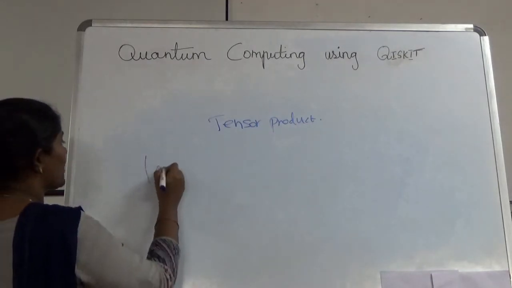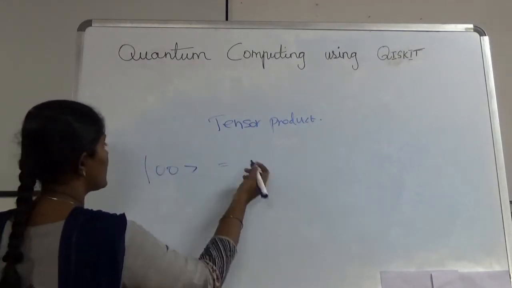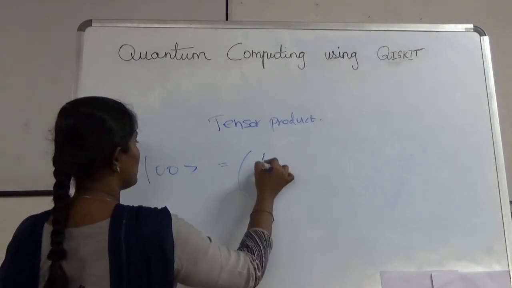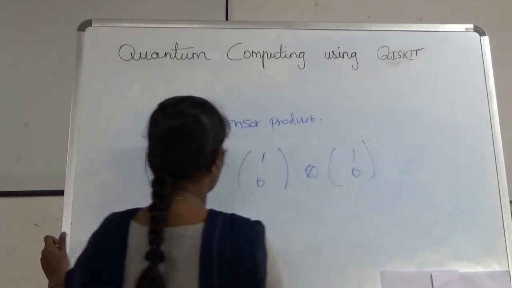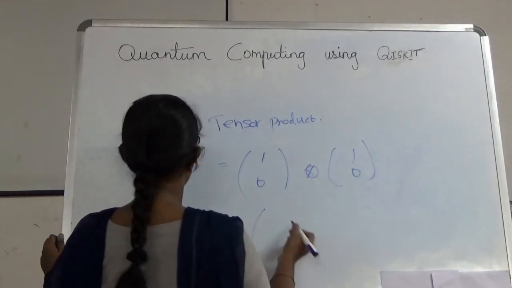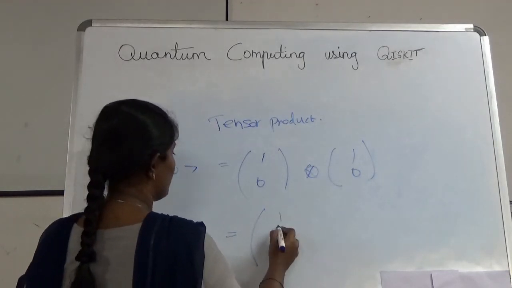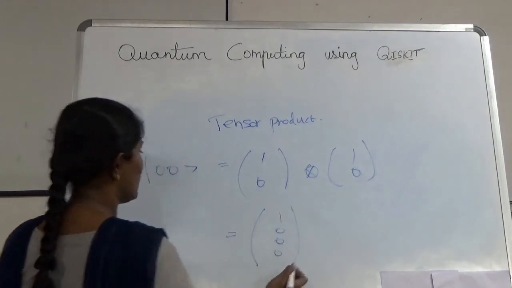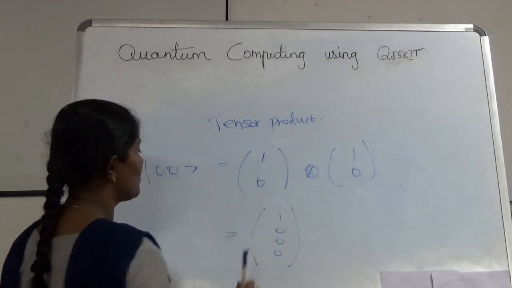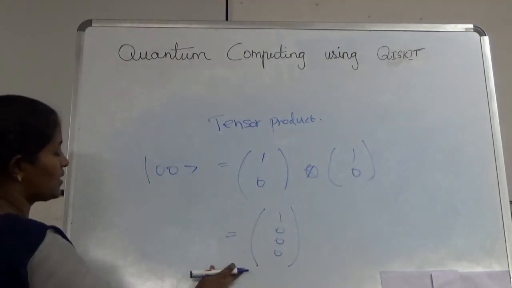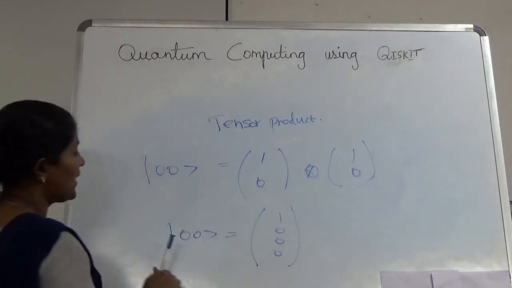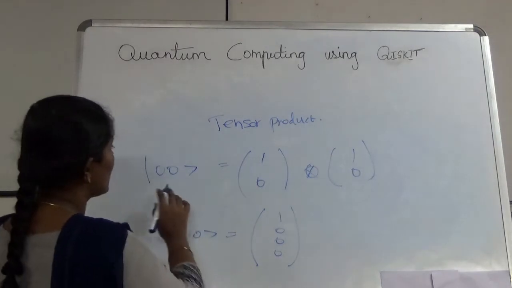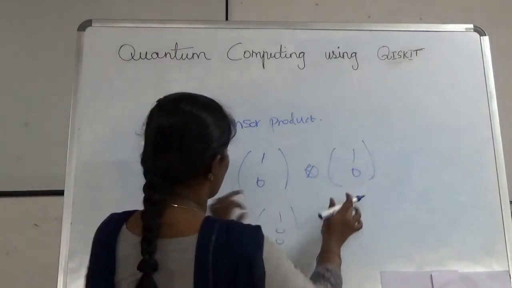The tensor product representation of this vector is this, which gives the result as this matrix. Therefore, the matrix representation of this vector is this, and the tensor product matrix representation is this.